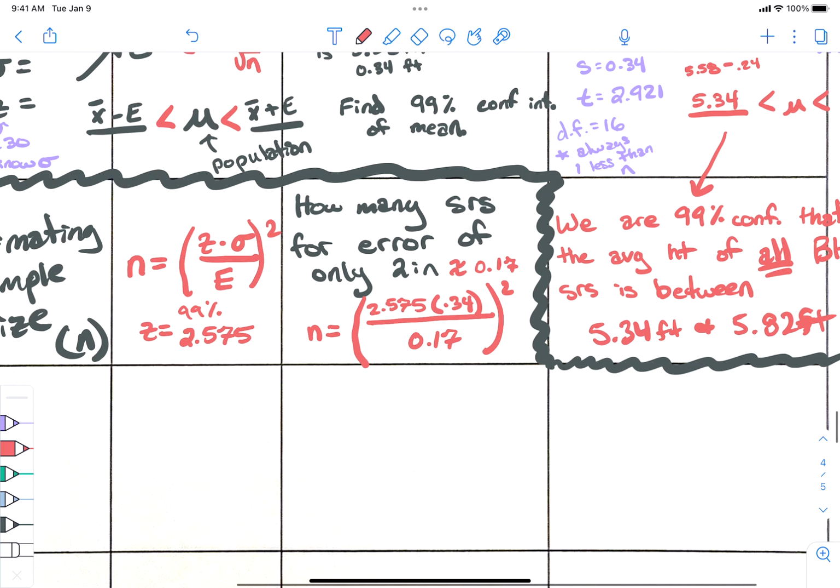That's not too bad. That's doable. 26.5, so 27 seniors. It's not doable here, right? But that's not too bad.